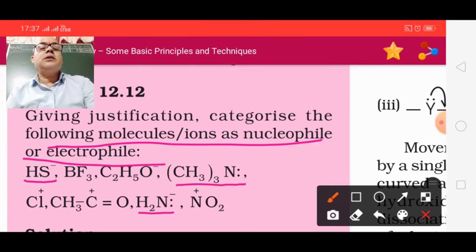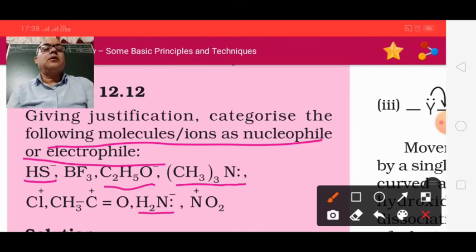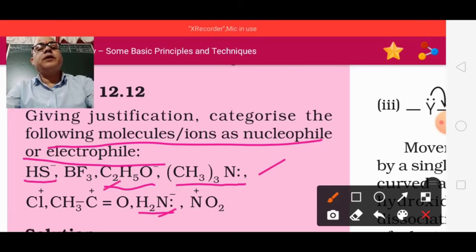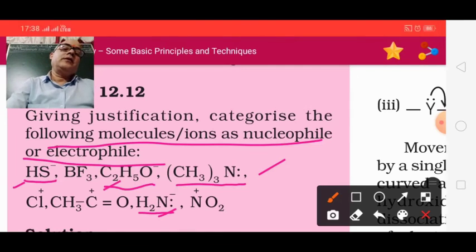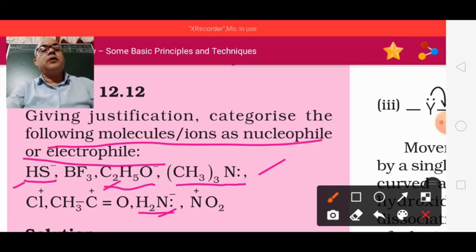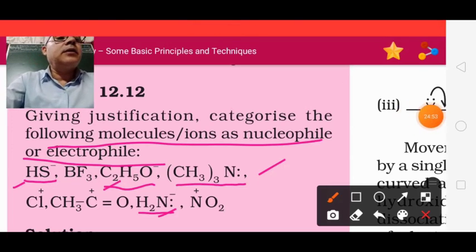All these three species, and also C2H5O minus, all these have a complete octet, meaning they have extra electrons, so they can act as the nucleophile. It means this one is nucleophile, this one is nucleophile, this one is nucleophile, and this one is the nucleophile.